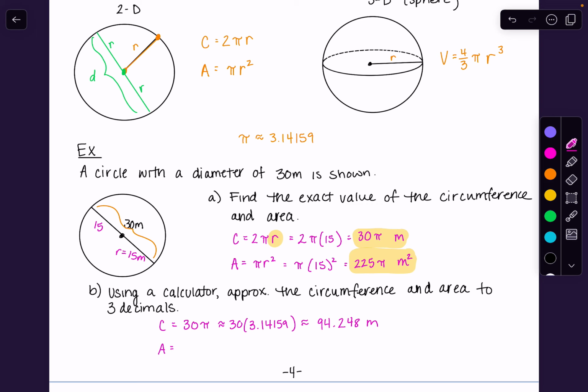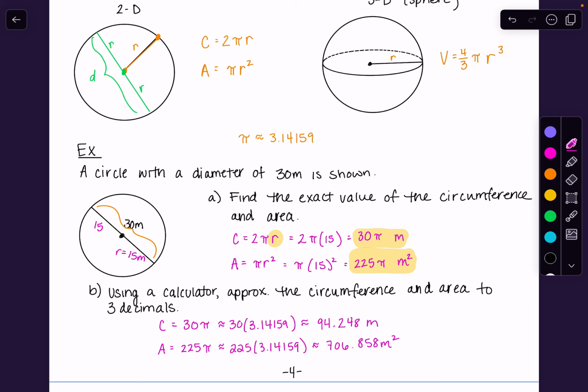The area exactly is 225 pi, which using our approximation, we do 225 times 3.14159, which again, plugging into your calculator is about 706.858. And then the units on area are meters squared.